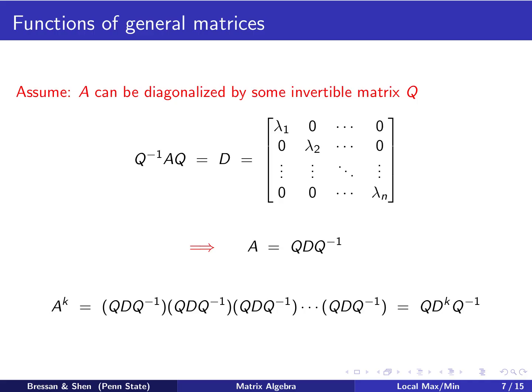So every two neighboring copies of this expression of A, you will find the Q inverse and the Q. So they're all identity. So what remains in the middle would be just D to the power k, and then the first Q comes here, and then the last Q inverse, which you have to keep. Okay, so A to the power k now carries a simpler expression than this big thing. It's Q D to the k times Q inverse, where D is a diagonal matrix, and we know a lot about how to handle that one.